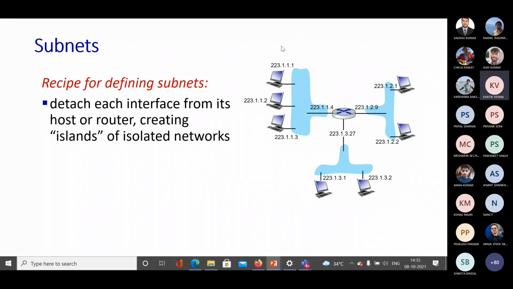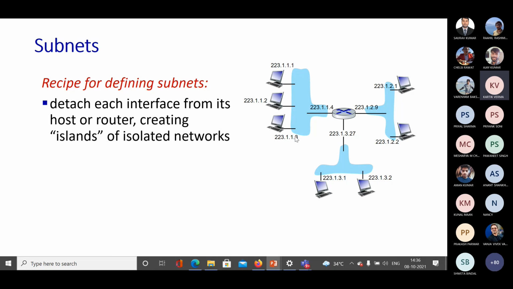So let's see. In this figure, you have different hosts with their corresponding IP addresses, and the router with different interfaces and corresponding IP addresses for them too. Now the subnet will be all those interfaces which can be reached from each other without having a router in between them.